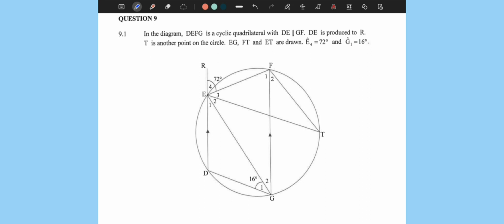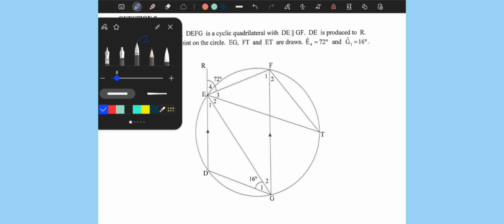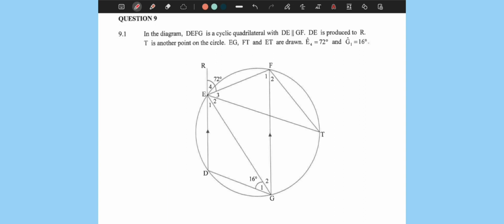So it's question 9 here. In the diagram, DEFG is a cyclic quadrilateral. I'm going to show you the basic skills that you need to pay attention to when you answer questions like this. You need to underline the keywords that will lead you to the particular theorems that you have to apply here.